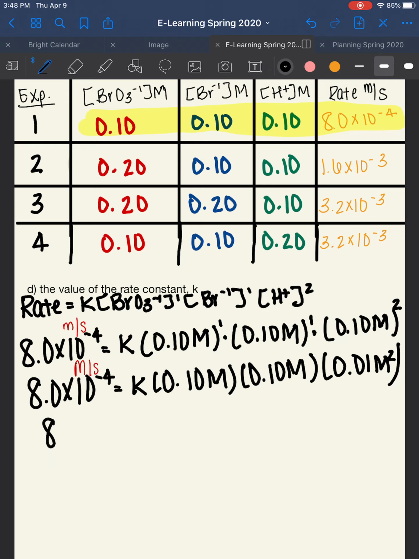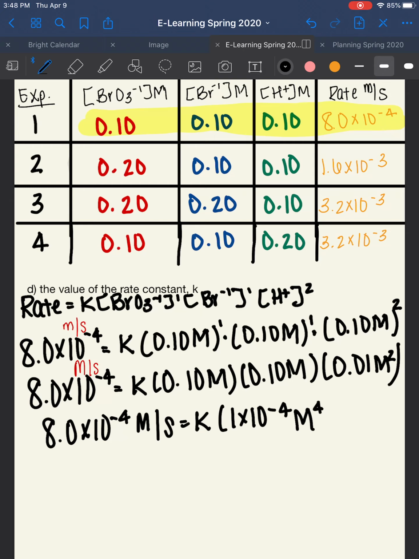Okay, so let's go back here. 8.0 times 10 to the -4 is equal to K times 1 times 10 to the -4. And here, since we multiplied M squared times M, this is going to be M to the 4th power.